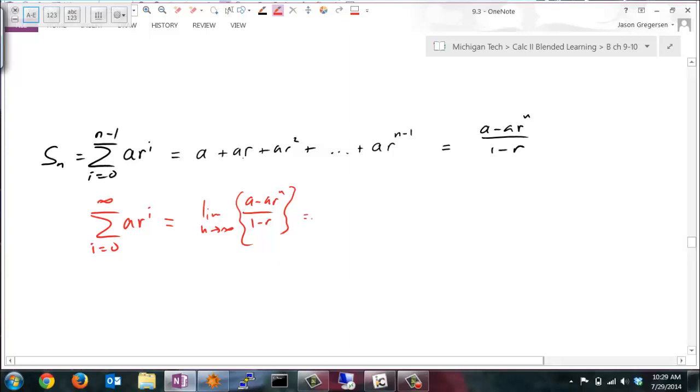So I can do a little bit of algebra on this thing. I'm going to rewrite it as a over 1 minus r minus a over 1 minus r times r to the n. I'm just breaking it into two fractions, and writing the r to the n a little over here, so I have this piece.